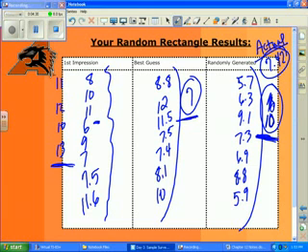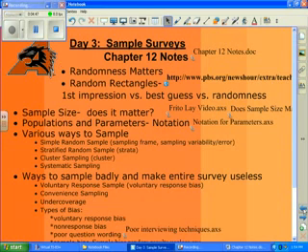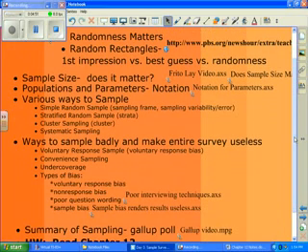That's what you need to remember. Randomness is your friend. It cuts out any bias that you have, a visual bias where you thought that they were a lot bigger in area than they actually were. Okay. Follow?